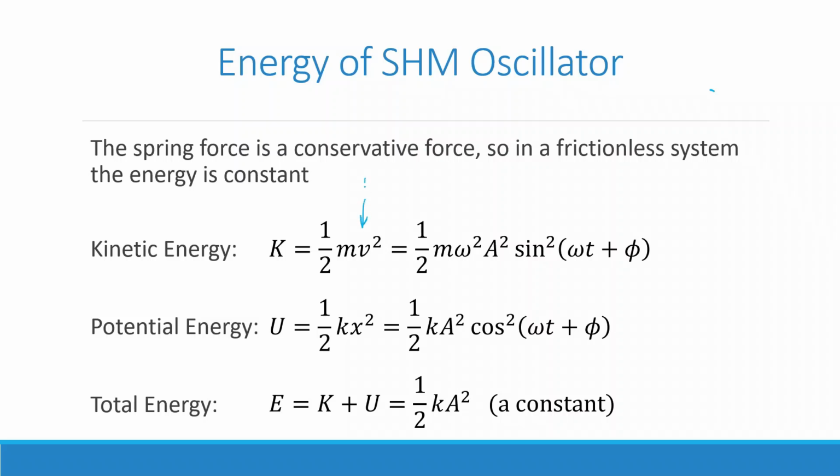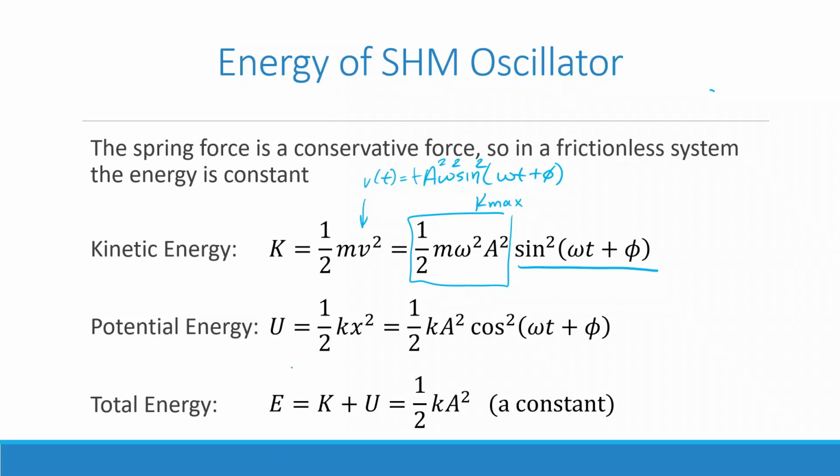We're going to sub in that our v of t is equal to negative A omega sine of omega t plus phi. So basically you square that whole thing, the negative cancels, A squared omega squared sine squared, and you get this equation right here. So we end up with a sine squared function, and then our K max, our maximum kinetic energy, would be equal to 1/2 m omega squared A squared.